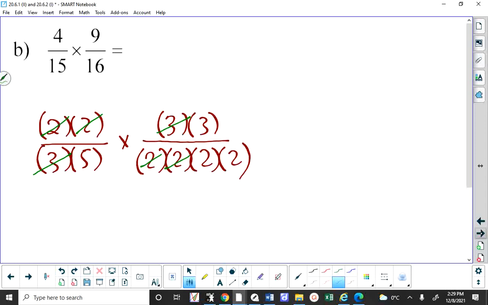Across the top, all I'm left with is a 3, and I don't see any 3s on the bottom, so what we are left with is 3 on the top over, I guess it's 20, isn't it? 5 times 2 times 2. Now, by the way, when we do rational expressions, we would leave it as 5 times 2 times 2. You leave it in factored form.